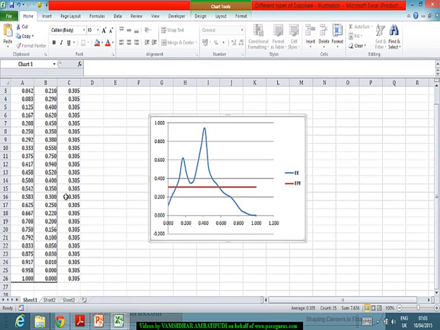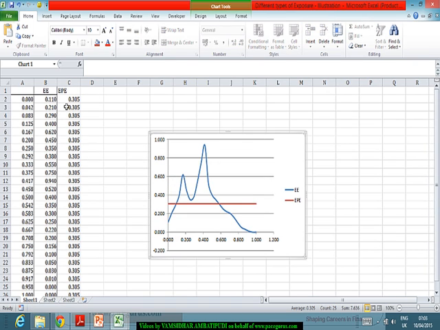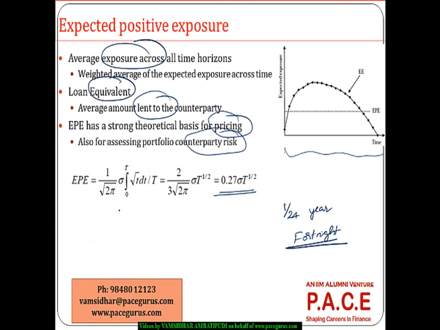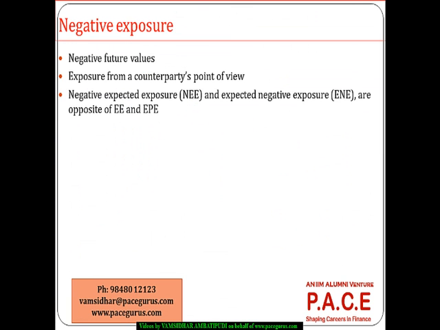And if I have computed the data at different points in time, this is the computation for the expected positive exposure. Similarly, I'll take the negative exposure, which is exactly the opposite of the positive exposure. All the future values are taken as negative, looked at purely from the counterparty's perspective.